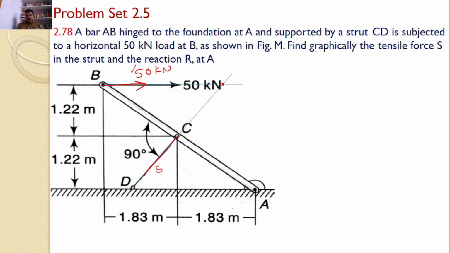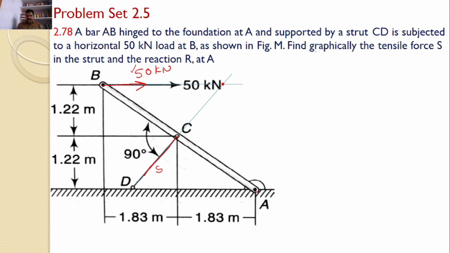Now, the third force must pass through this point, then only the bar AB is under equilibrium, because the bar AB is subjected to only three forces. If any member is subjected to three forces, all three forces must be concurrent.